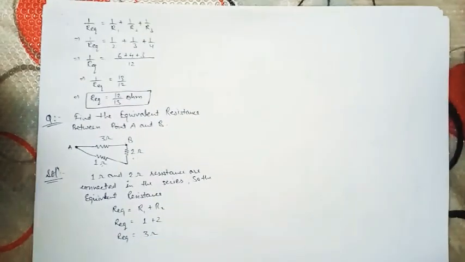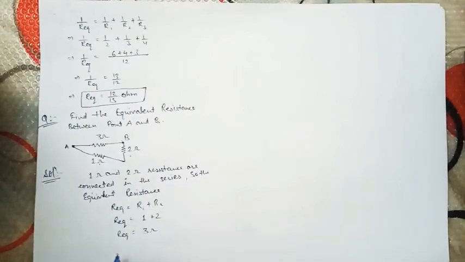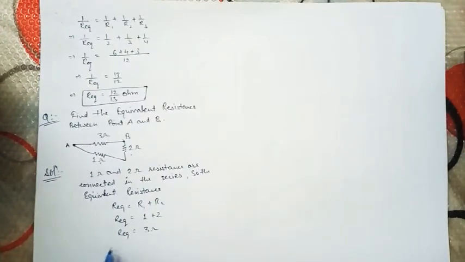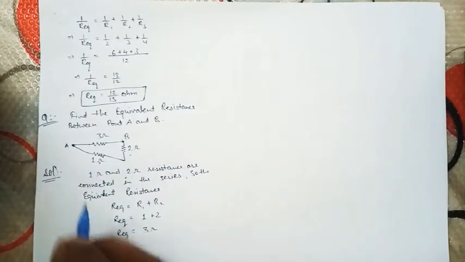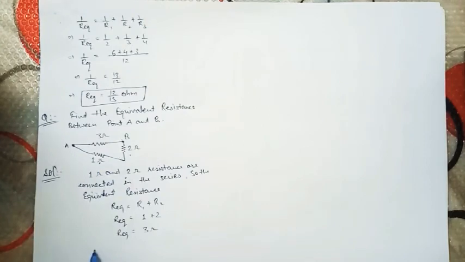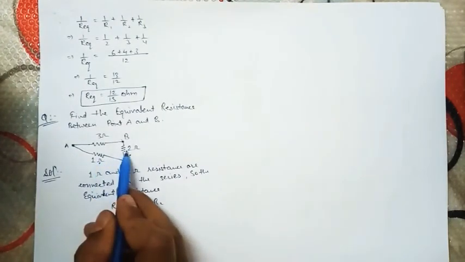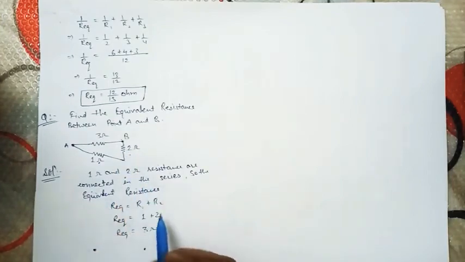Now we can redraw the diagram. Now 1 ohm and 2 ohm can be replaced by the 3 ohm, because it is the equivalent resistance. Means 1 ohm and 2 ohm are having the same effect on the circuit, that is the value having 3 ohm.